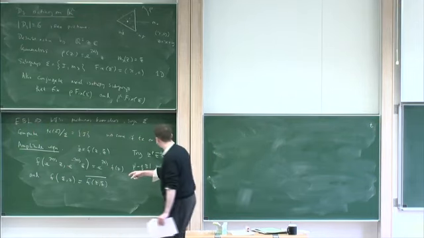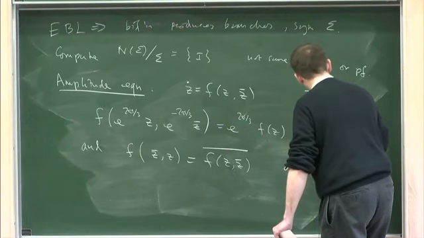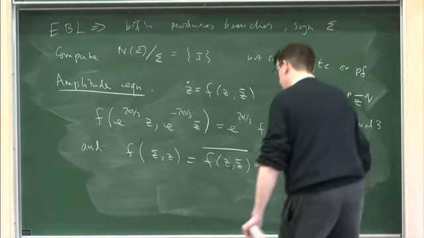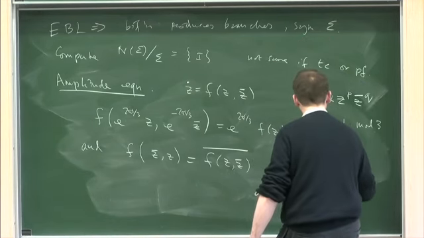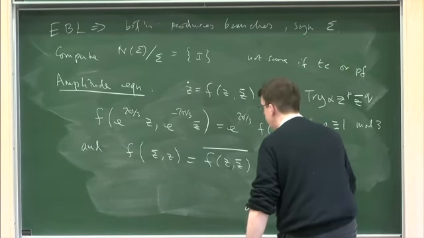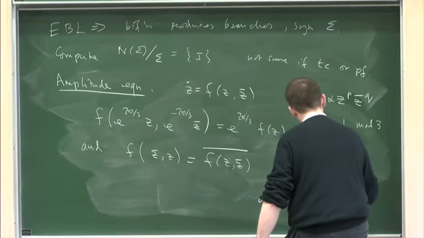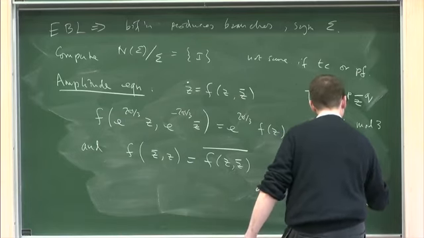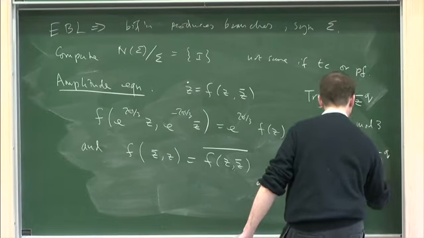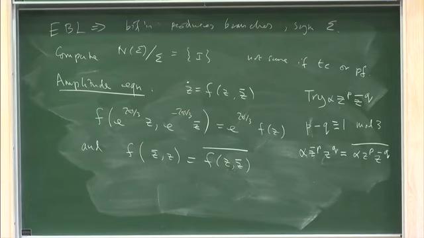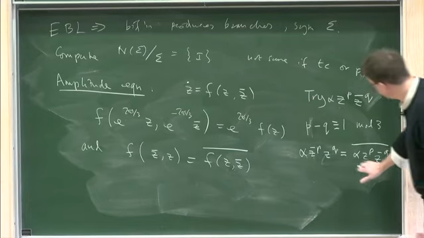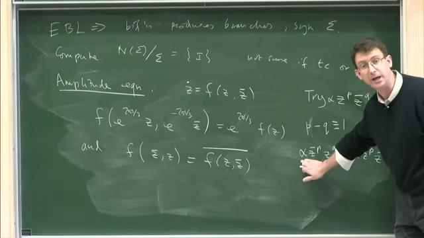And then from the second equation, I have a coefficient alpha in there. This tells me that alpha z bar to the p, z to the q should be alpha z to the p, z bar to the q complex conjugate. So this tells me nothing except that alpha bar needs to be equal to alpha.